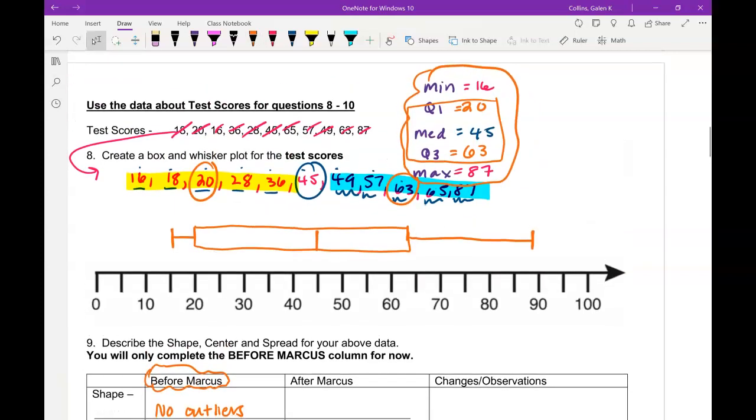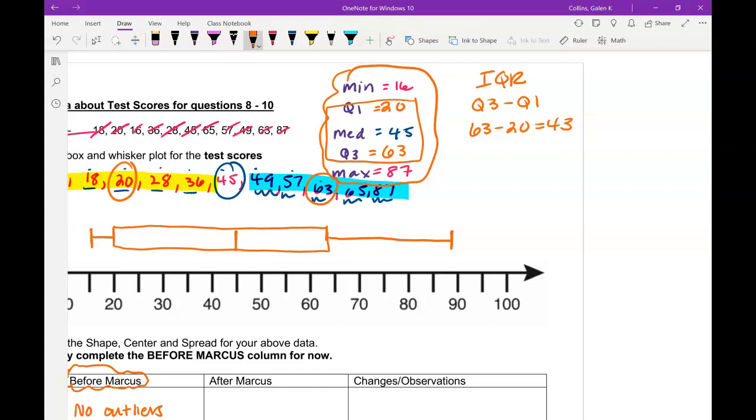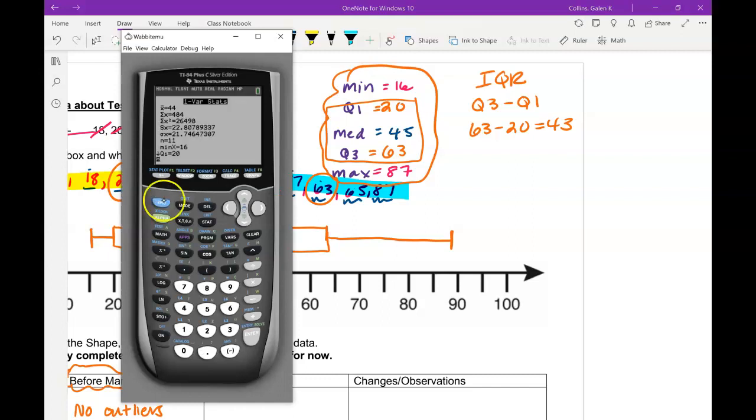We can determine outliers by taking our interquartile range. So remember our IQR, that's where we do Q3 minus Q1. So 63 minus 20, which is 43. And if I multiply that number by 1.5, and if you're like, wait, when did we do this in class? We honestly didn't.